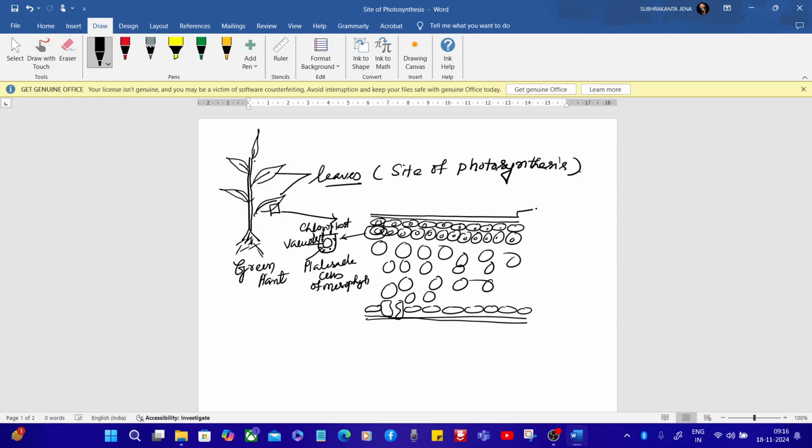So this is the cuticle. This is the lower one, also a cuticle, the cuticular layer.